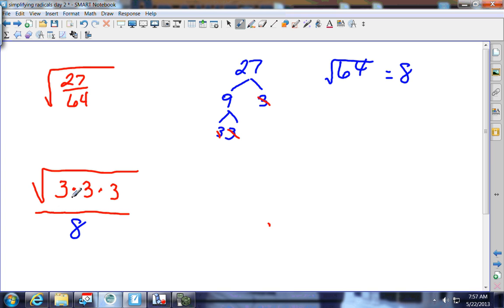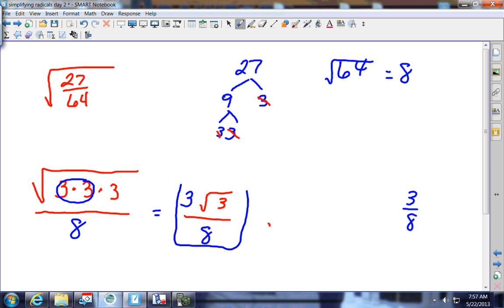So now, though, right here in the top, threes get to go out and play, right? So I have 3 square root of 3 over 8. Now, can you reduce 3 over 8? If you put it in the calculator, it'll still give you 3 over 8.